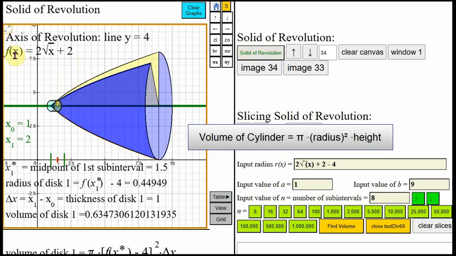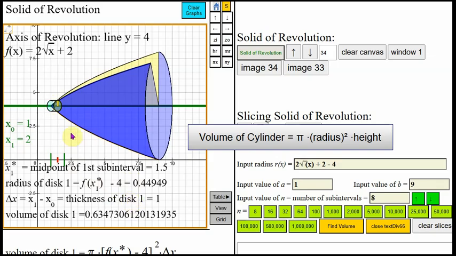Now f of 1.5 is the distance from the x-axis to the graph, but the radius is only this part, and so we need to do f of 1.5 and then subtract 4, and that will give us this radius. So f of x 1 star, which is the midpoint, is the distance from the x-axis up to the graph, and then minus 4 will give us the radius for the first cylinder.